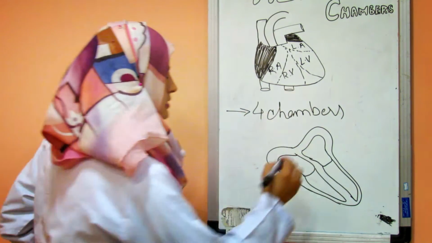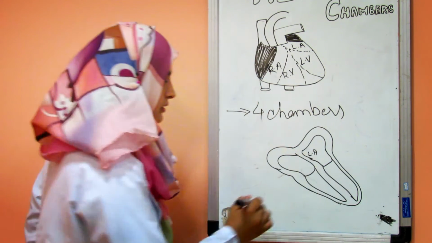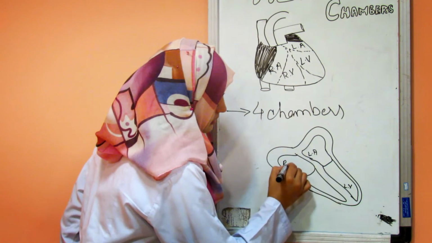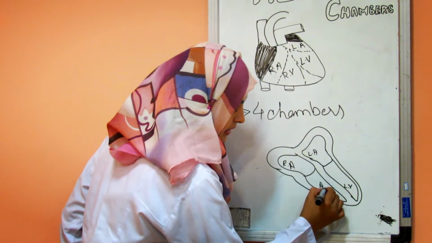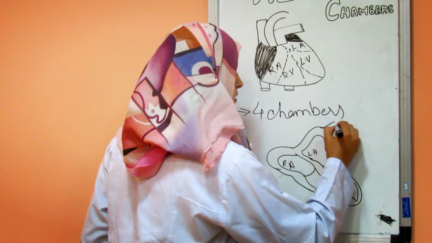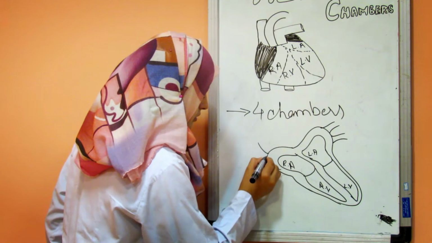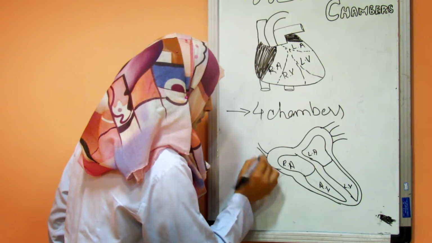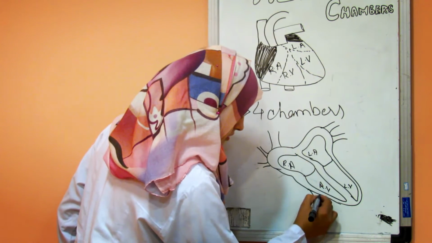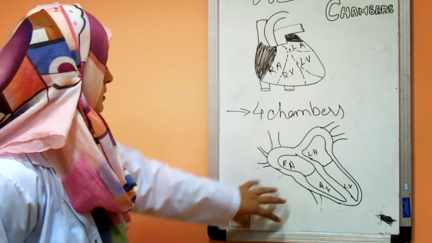This is the left atria, the left ventricle, the right atria, the right ventricle. Now I also draw some veins. We will not discuss the veins in this lecture, but I have to draw them. Just don't focus on the veins, just focus on the chambers.